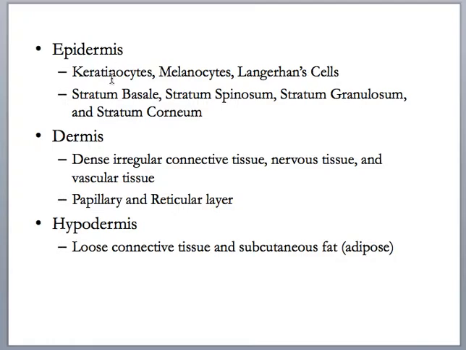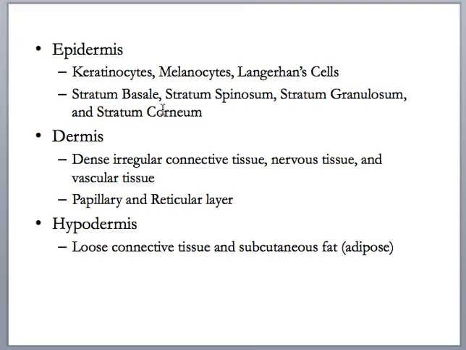The majority of the cells are keratinocytes. Cyte means cell, and keratino pertains to keratin, which is a waterproof protein. So keratinocytes make up the majority of the cells. Next we have melanocytes, which are also found in the epidermis. Melanocytes are melanin-producing cells.